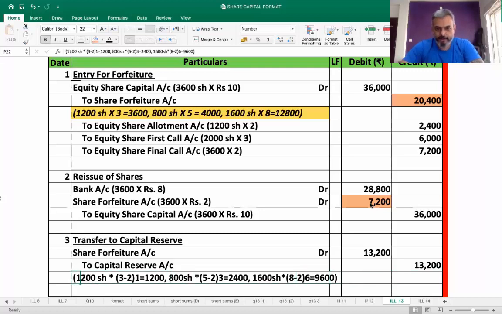So you can do it either way. If all of the shares are reissued, then you can directly go for credit balance minus debit balance. I leave it up to you. If you want to go for logically per share profit, how much we have earned, then you can go for this method.